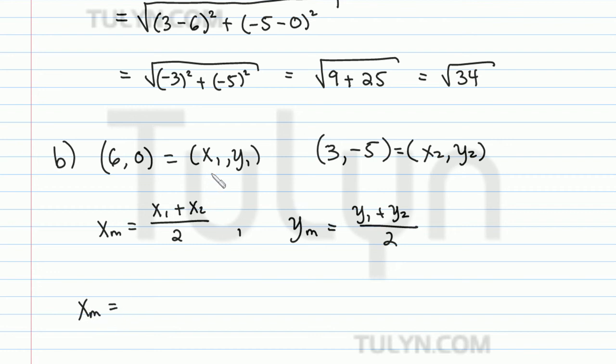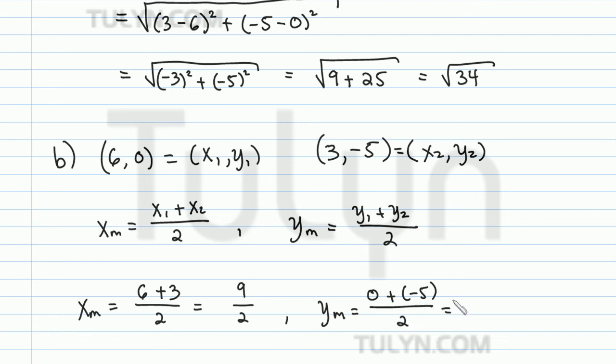xm is going to be x1, which is 6, plus x2, which is 3, over 2. 6 plus 3 is 9 over 2, and since these two don't have any common factors, we'll leave xm as is. And then ym is y1, which is 0, plus y2, which is -5, over 2.